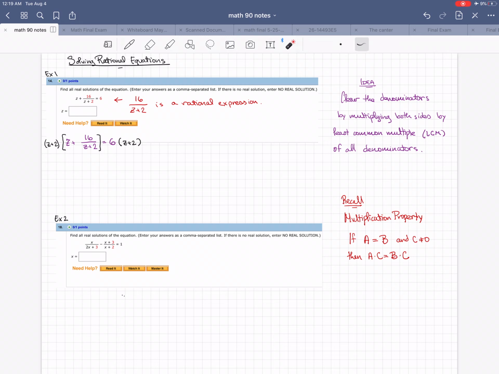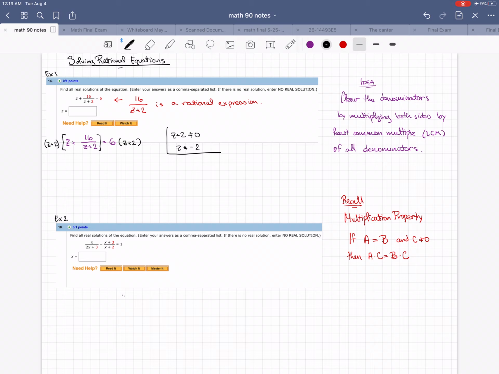And according to the multiplication property of equality, I cannot be multiplying both sides by 0. So I'm going to say off to the side here, z plus 2 cannot be 0. So z cannot be negative 2. I don't know what's going to happen here yet. I haven't walked through the process.